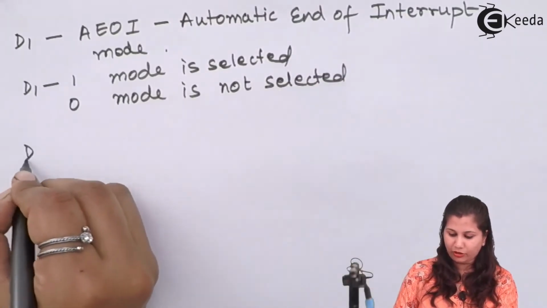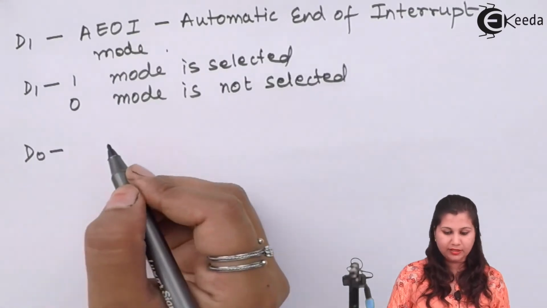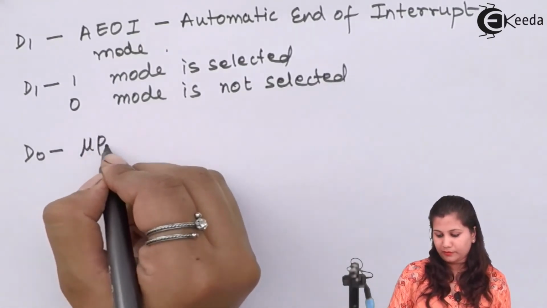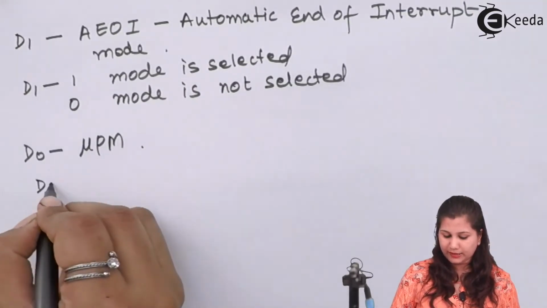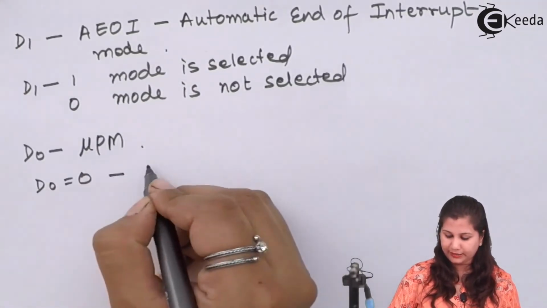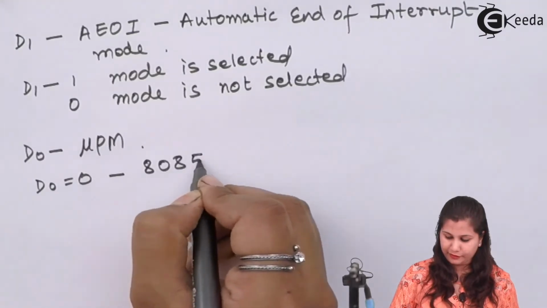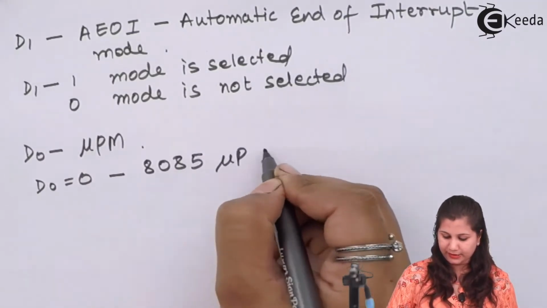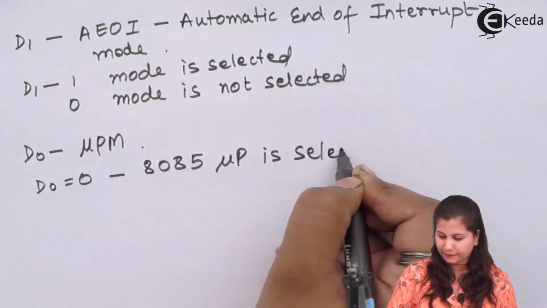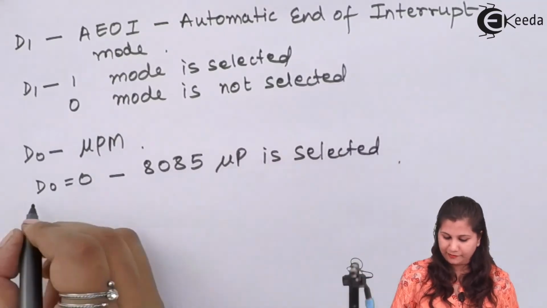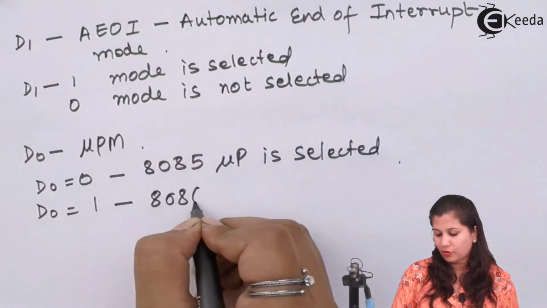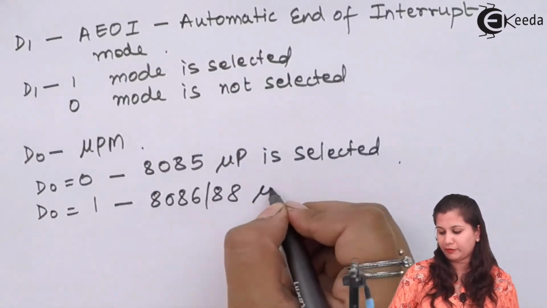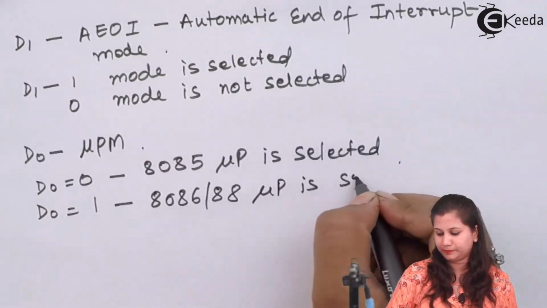Then we have the D0 bit, which is microprocessor. Okay, now when this bit is 0, it means that 8085 microprocessor is selected, and if it is 1, then 8086 or 8088 microprocessor is selected.